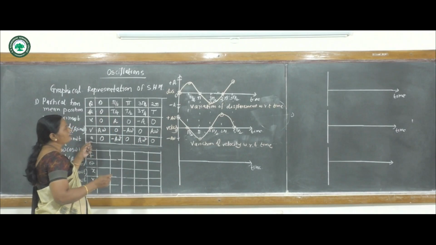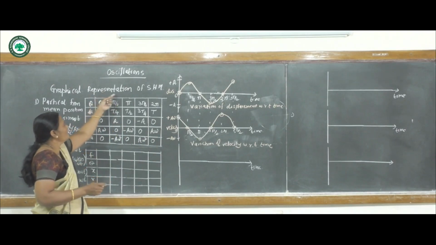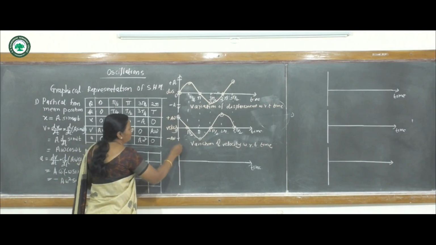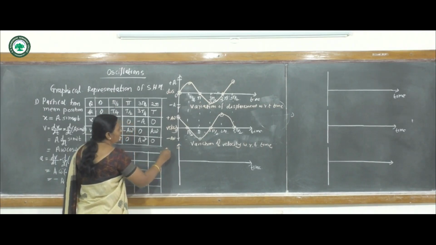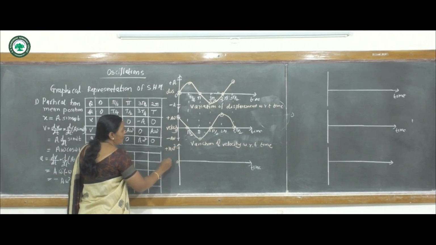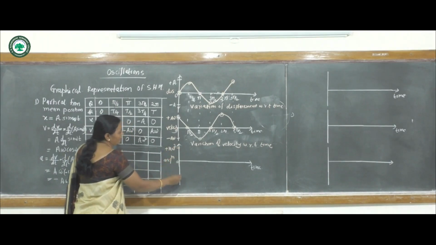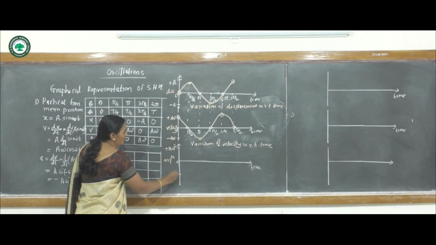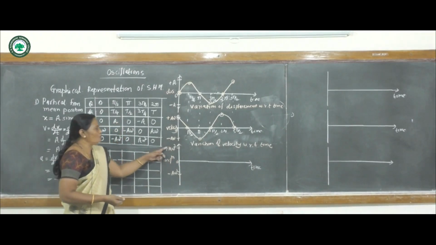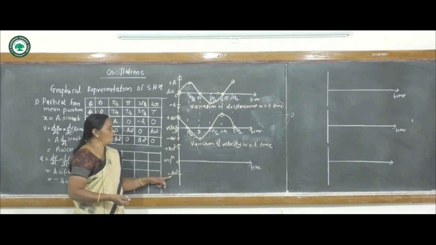Now the acceleration can be represented like this. Suppose this is the maximum value of acceleration, plus a omega square. This is 0 acceleration. Now this is minus a omega square. That is, acceleration varies from plus a omega square to minus a omega square.